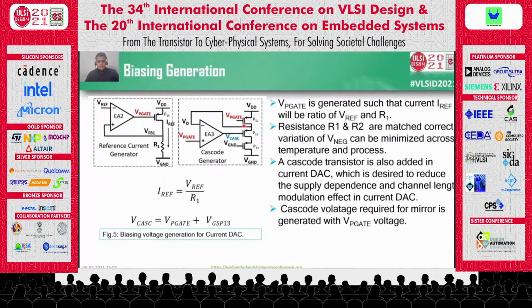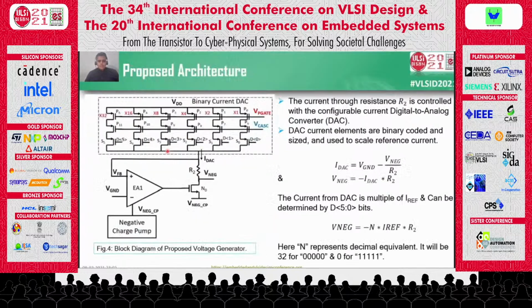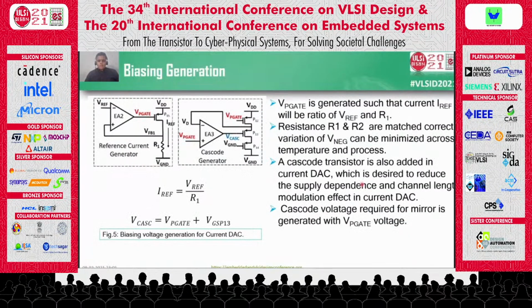In the next slide, we will discuss the biasing generation of VP gate and VCAS. So IREF is generated such that it will be a ratio of Vref upon R1. In the previous slide, we saw that VNAG is minus N times IREF times R2 and IREF is Vref upon R1. So VNAG will be minus N times Vref times R2 by R1. If R1 and R2 are well matched, then we can reduce the variation of temperature and process at the VNAG value due to resistance.